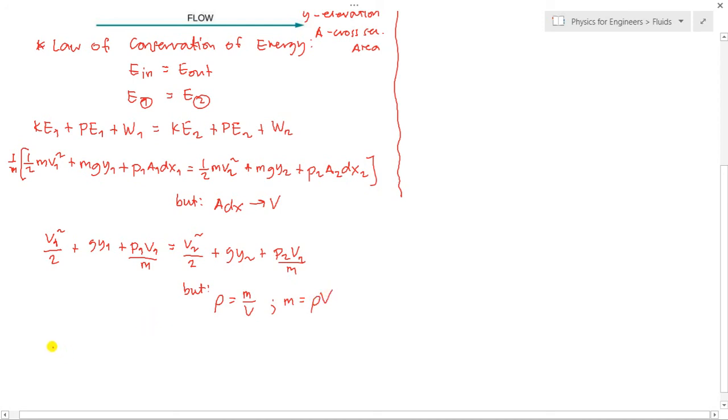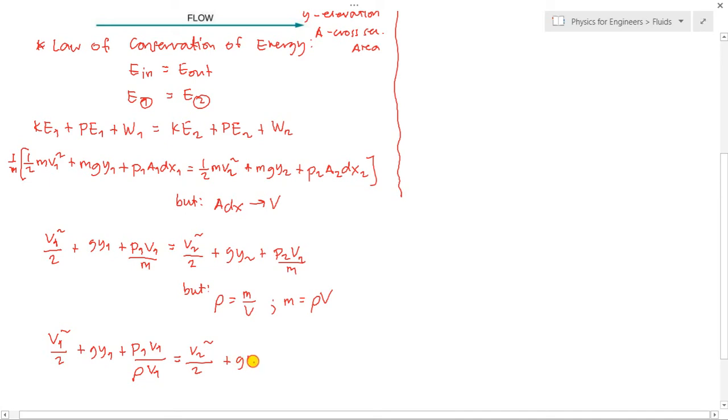So let's plug that in, that would be v1 squared over 2 plus gy1 plus p1 times v1 all over density times v1, equals v2 squared over 2 plus gy2 plus p2 times v2 all over density times v2. Here, we assume the density is uniform in the fluid even if it changes from state 1 to state 2.